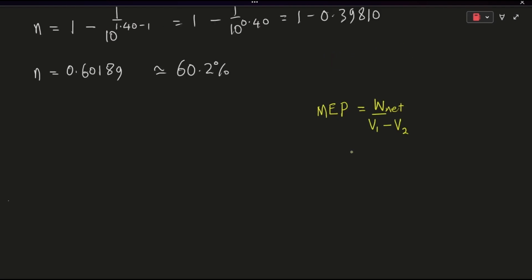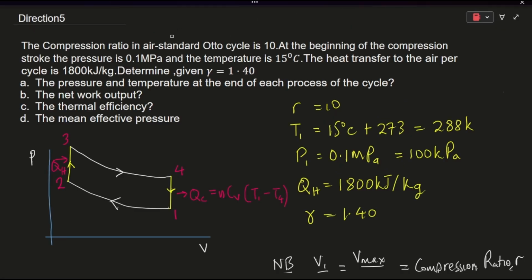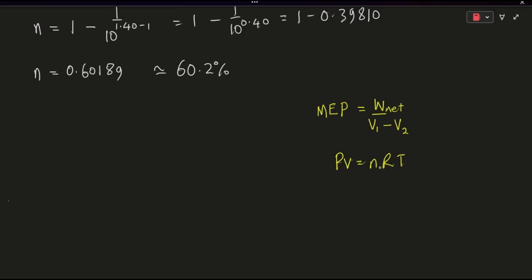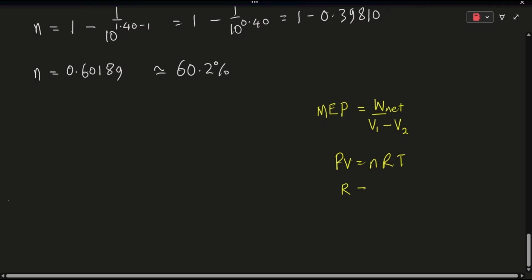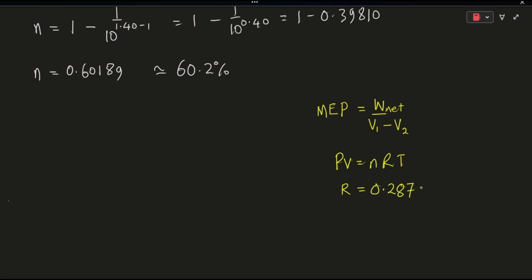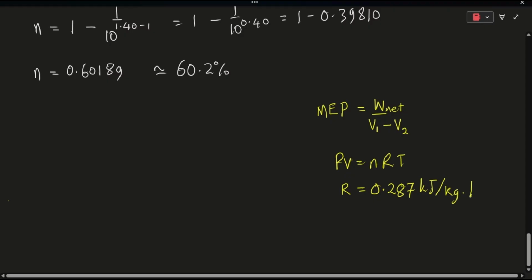Now, for our ideal gas equation, we have, where R is the universal gas constant. In this question, we're dealing with an air standard Otto cycle. So we are not going to use the universal gas constant, but we are going to use the specific ideal gas constant specific to air. So R, in this instance, will be considered as 0.287 kilojoules per kilogram Kelvin.